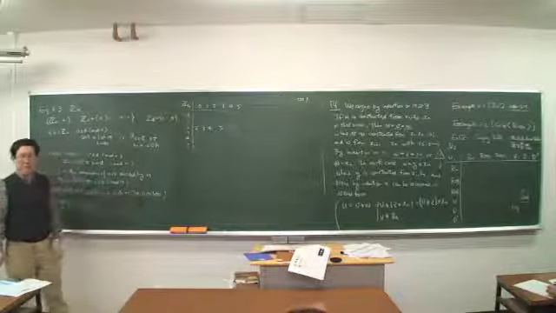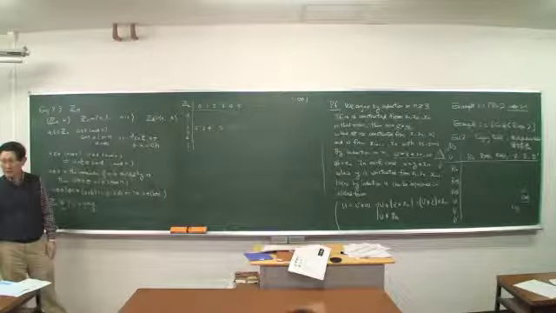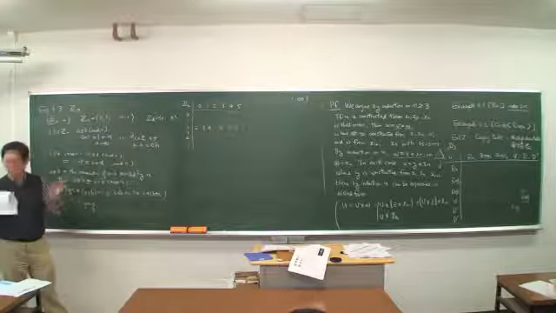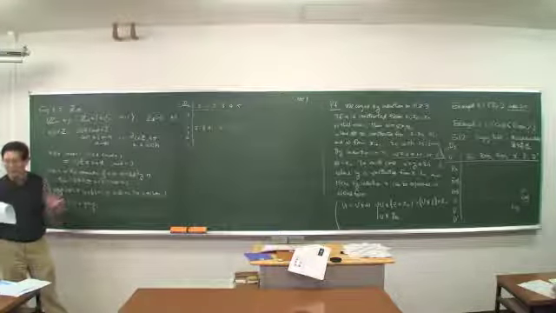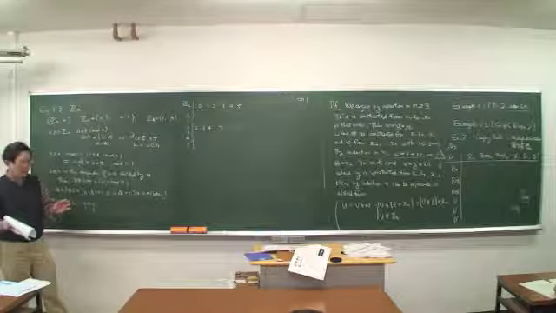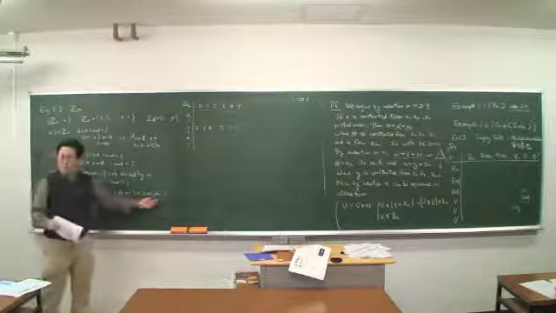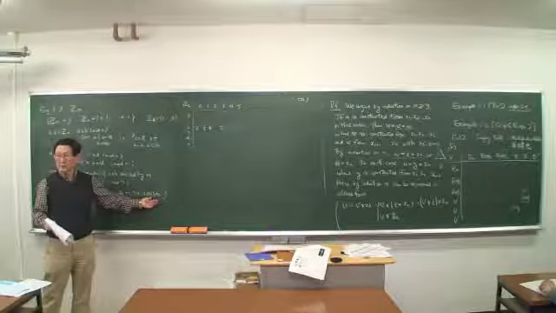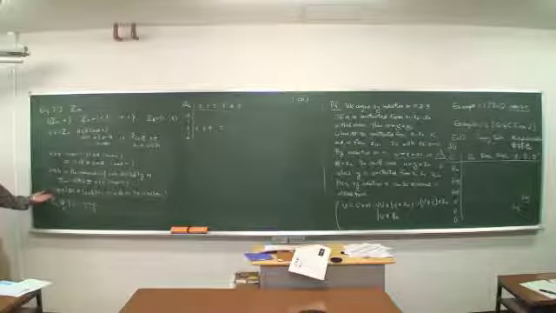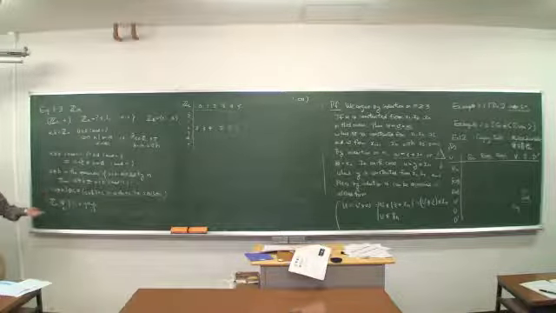That means the difference is divisible by n. Both of them are at most n minus 1, and the difference is divisible by n. That means this number and this number are equal. So by that, we can claim that the operation satisfies associativity.